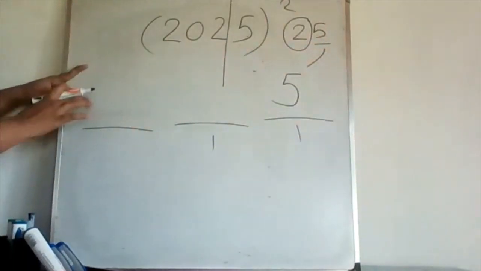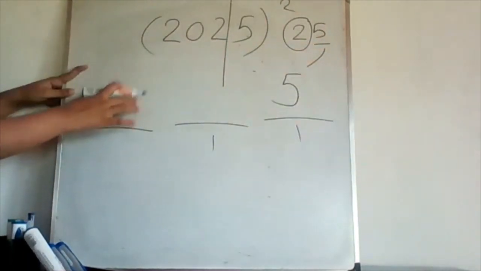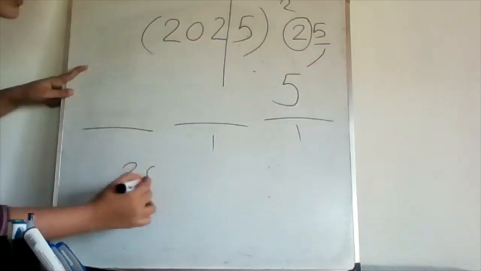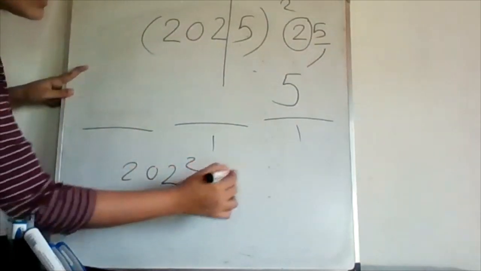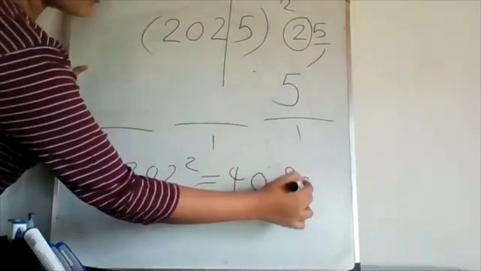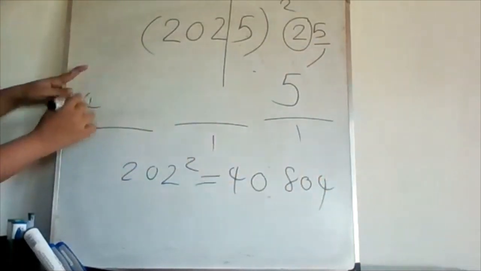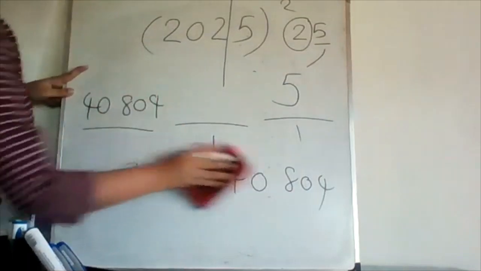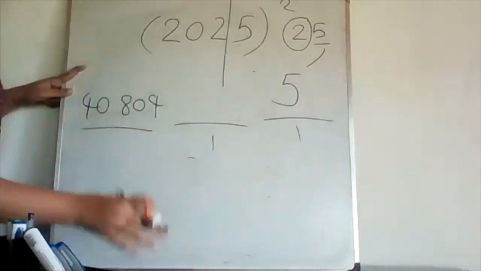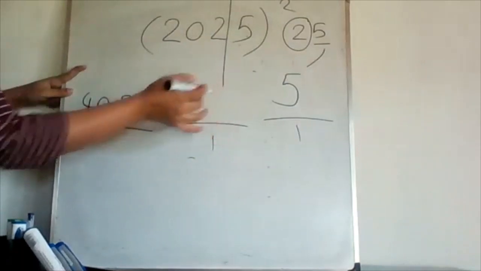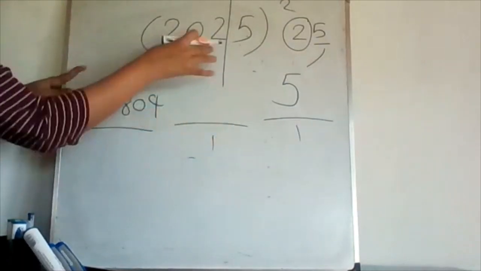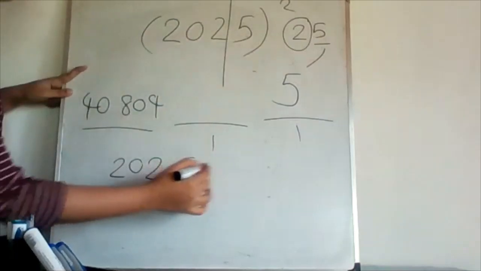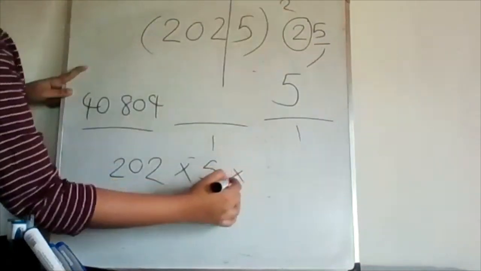And after that, we have to find out the value for this group. That is the square value of this one. That means 202 squared. That is 40,804. So that 40,804 comes here. Yeah. So then after that, we have to find out the value for this group. The value for this group is this 202 multiplied by this 5 multiplied by this 2.